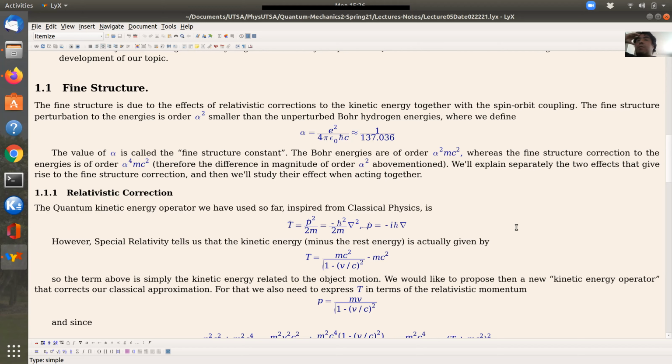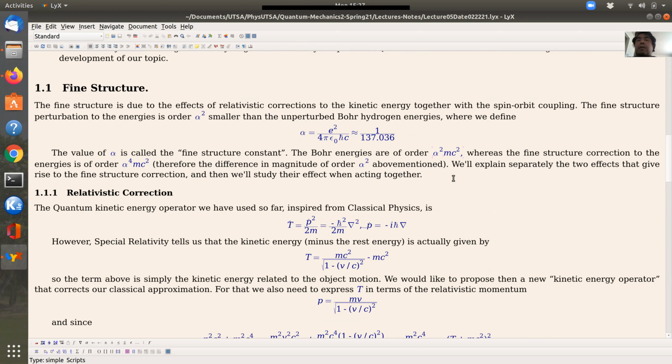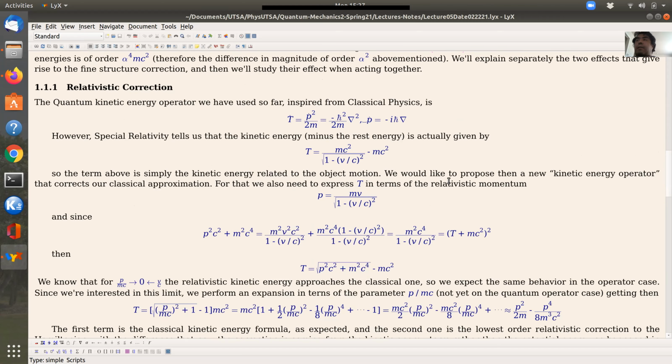I'm saying that the effects in the perturbation are going to be lower by alpha squared because the Bohr energy is of order alpha squared mc squared, and the fine structure corrections are going to be of order alpha to the fourth mc squared. So let's study each effect separately, and then we'll add their contributions.